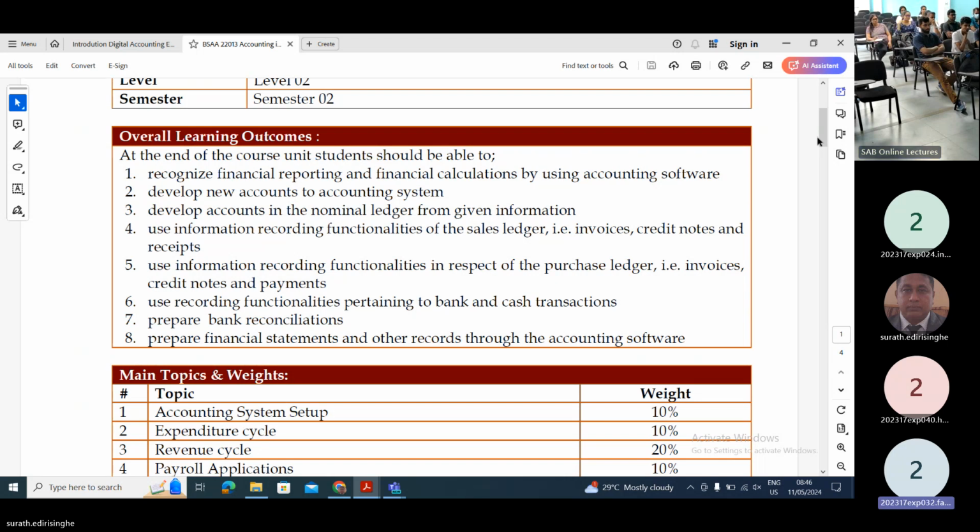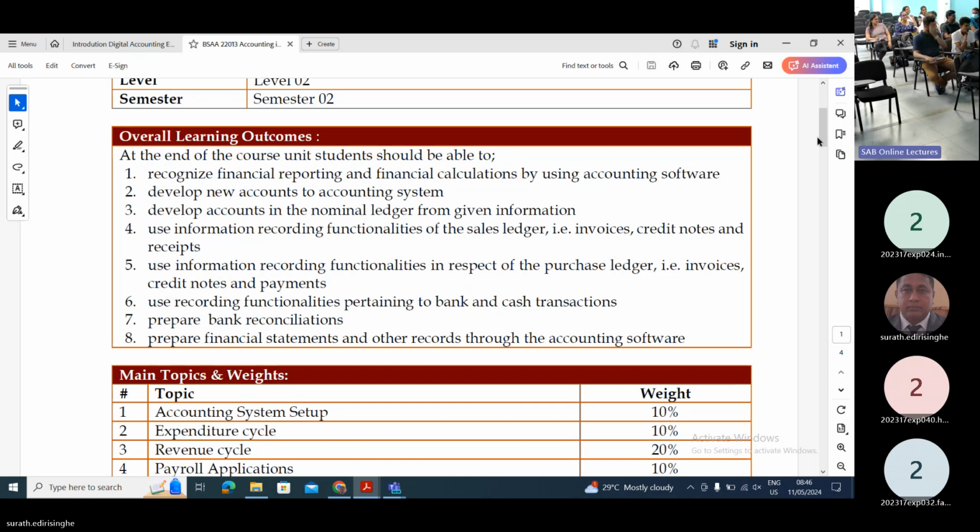Balance sheet, equity statement, cash flow. Yes, correct. First one, comprehensive income statement.